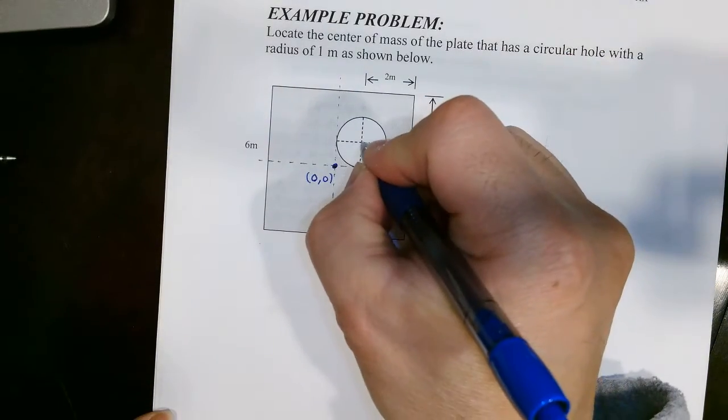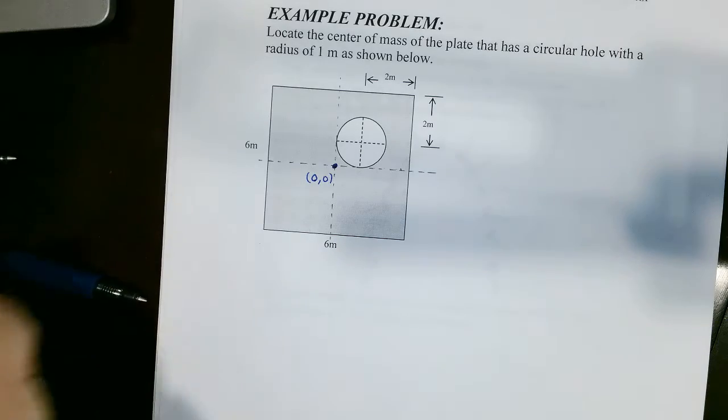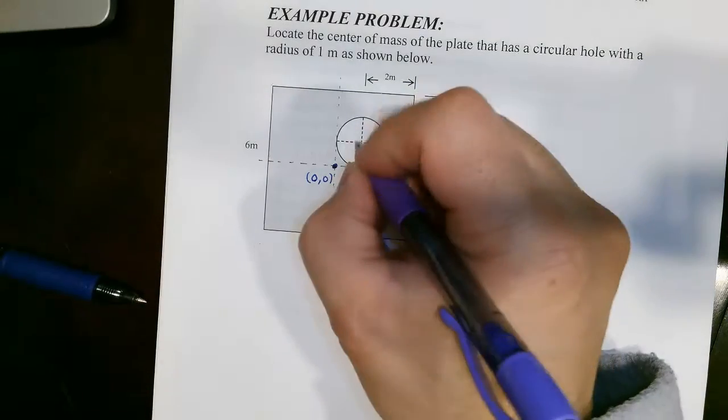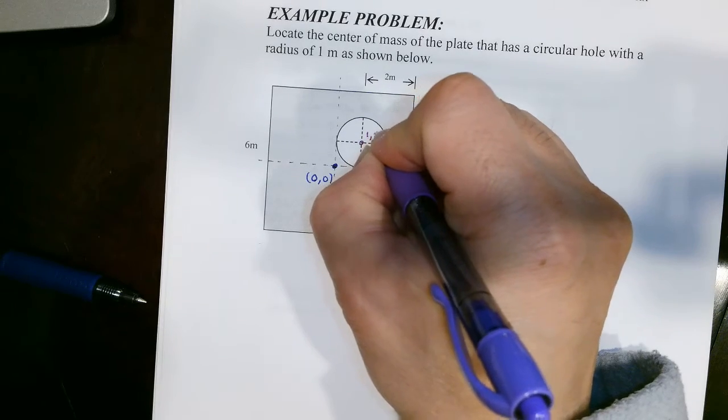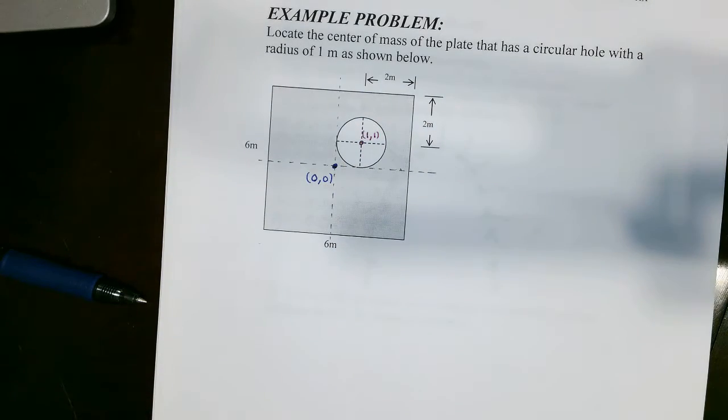So this location here would be representing 1, 1. That would make things a lot easier now.